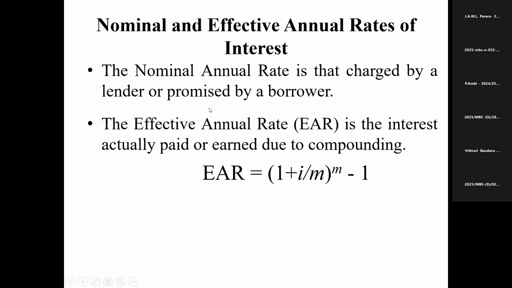This effective annual interest rate can be calculated based on the compounding nature of the interest rate: (1 plus i divided by m) to the power m, minus 1, is the effective annual interest rate. Due to that, as I explained in the previous example, the future values are different.